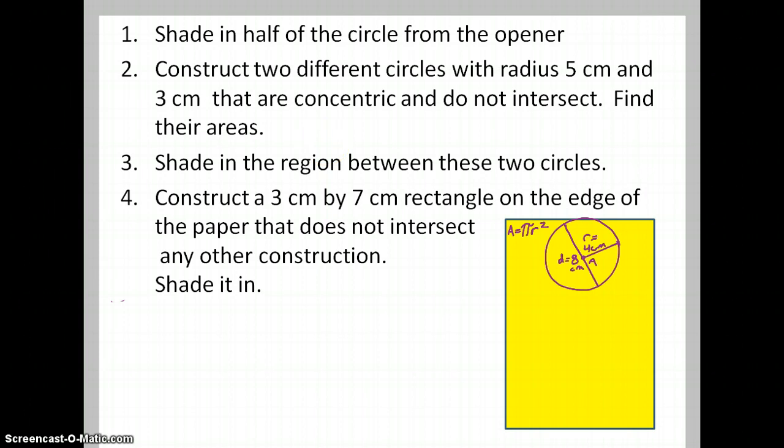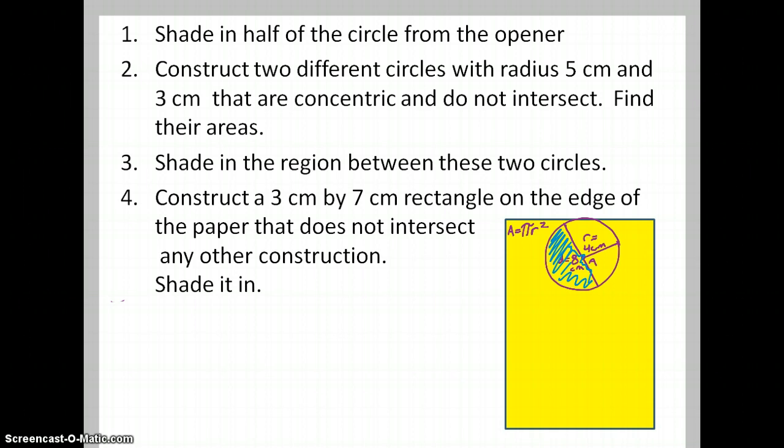Alright, so step 1 is to shade in half of this circle here. So we can use this half here. Step 2, construct 2 different circles with radius 5 centimeters and 3 centimeters.